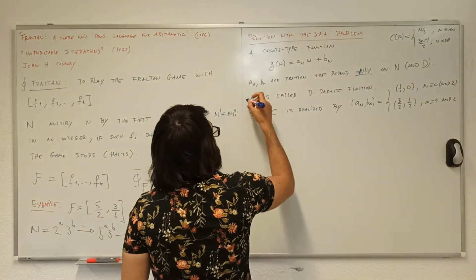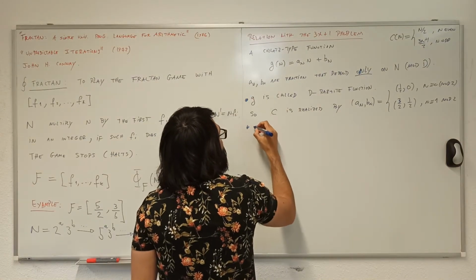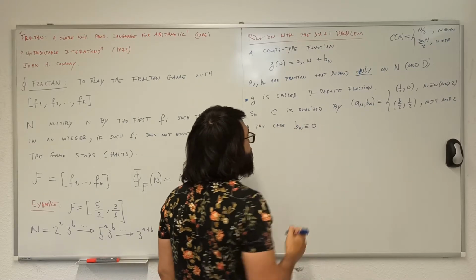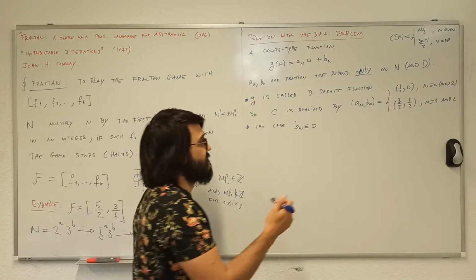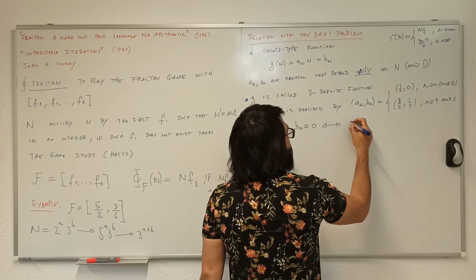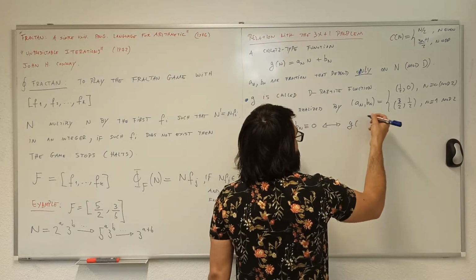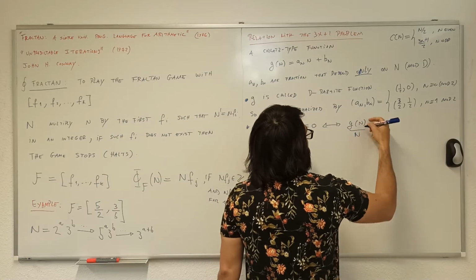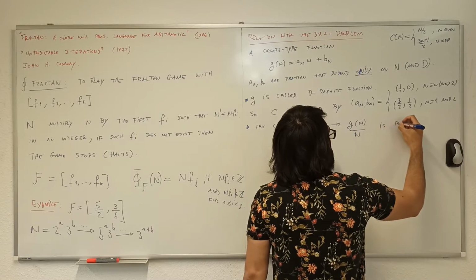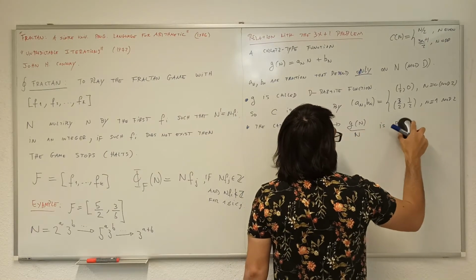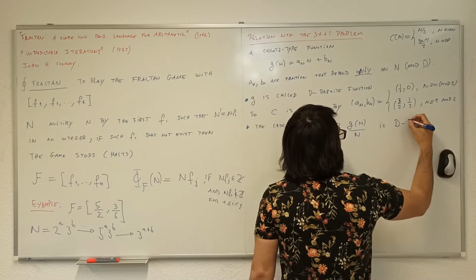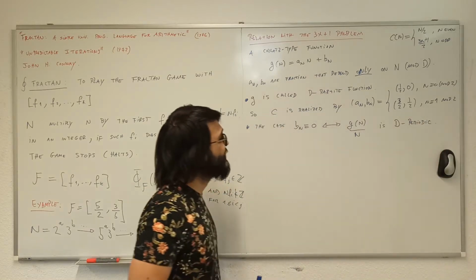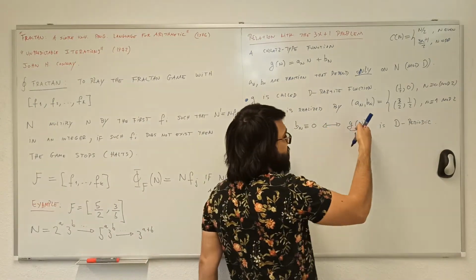So the particular case where the b_n are all zeros corresponds exactly to the case where you have a function that maps integers to fractions, but g(n) over n is periodic. It's a d-periodic function of fractions, of course.